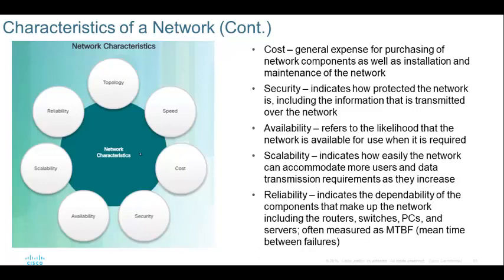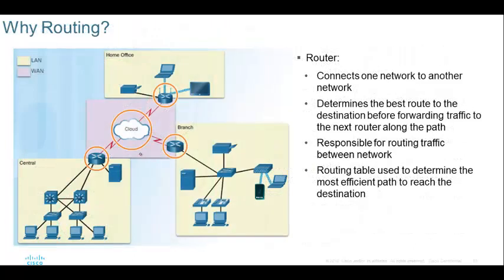Only through routers you can communicate from one network to another network. Not only that, you may have multiple paths. The best path is also determined by the router before the packet goes out. First, it will check the best path. Among all available paths, which path is best path?